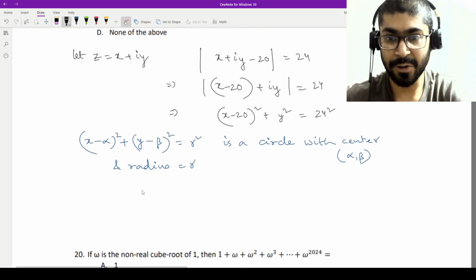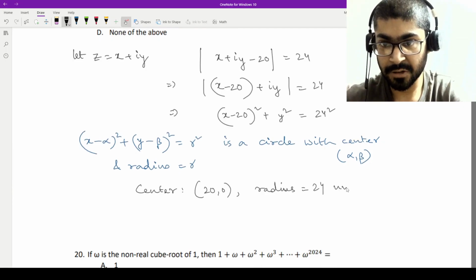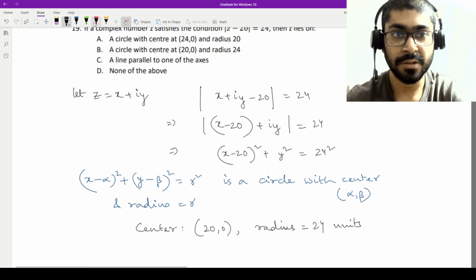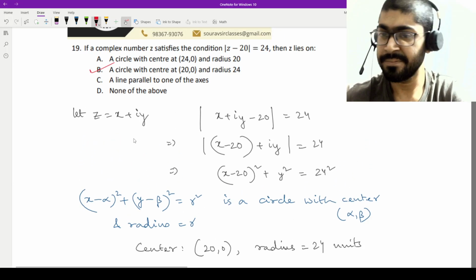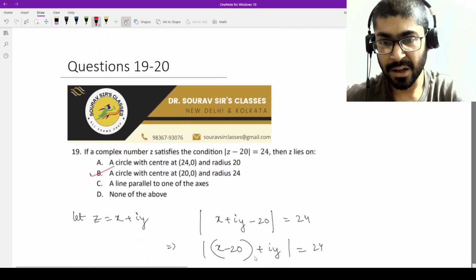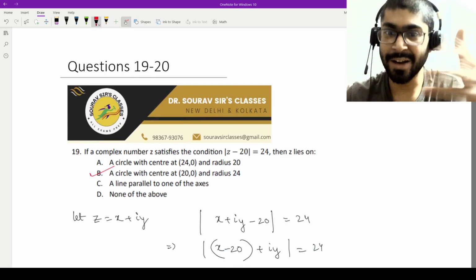If you compare that, you will get center to be (20, 0) and radius equal to 24 units. Match the options: circle with center at (20, 0) and radius 24, option B. Very simple. Instead of looking for complex geometry, you can do it this way.